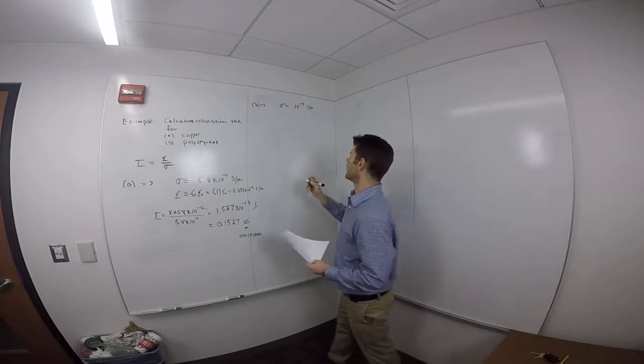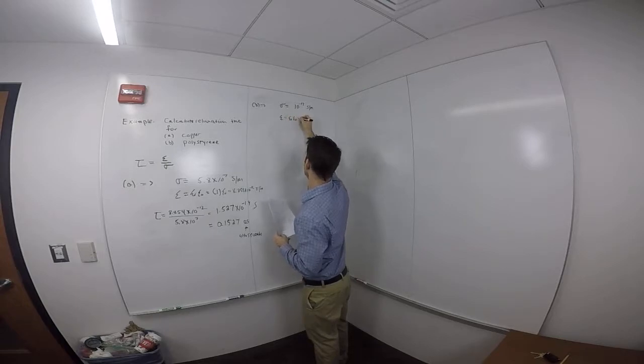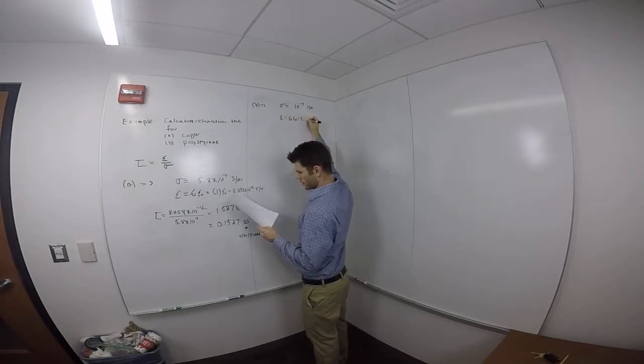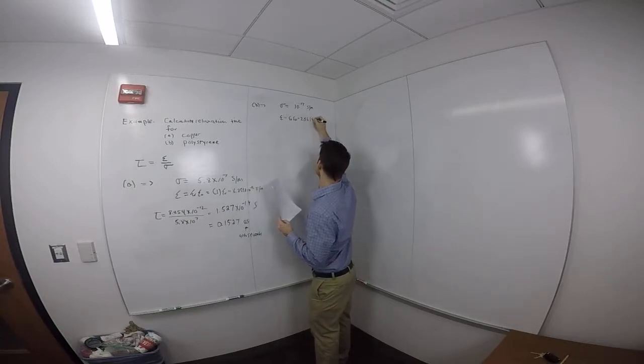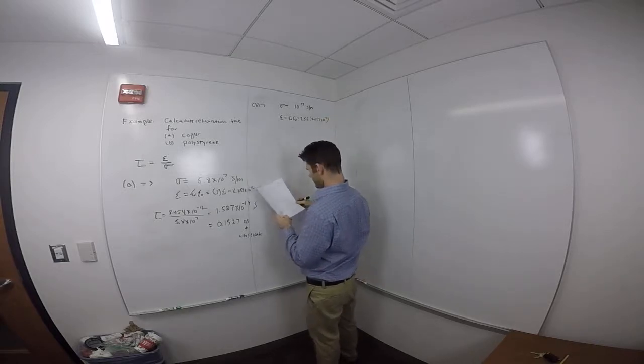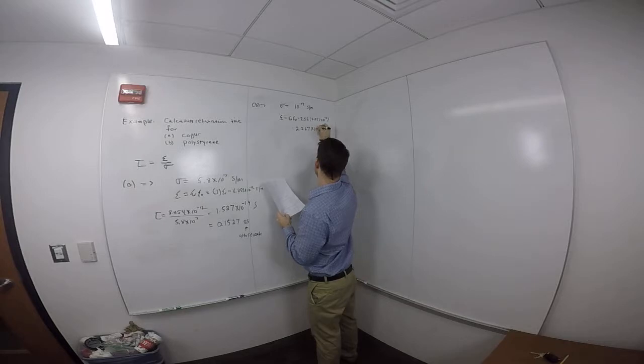The permittivity is not that much different. We look it up and we see epsilon equals epsilon r epsilon naught, and epsilon r is equal to 2.56 times the permittivity of free space, right? And we get our permittivity is 2.267 times 10 to the negative 11 farads per meter.